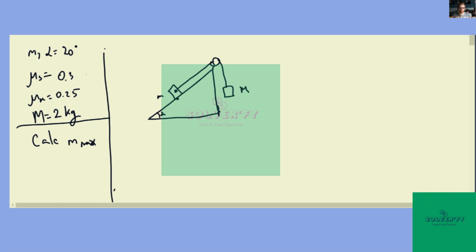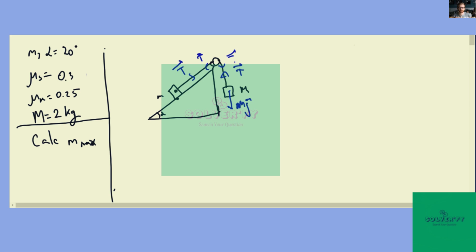So let's first look at the forces which act in this system. The first one is gravity acting on the big block, M capital G, and it's countered by the tension of the rope. According to Newton's third law, the same tension acts on the small block, which is on the incline.